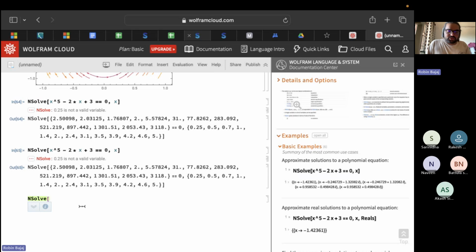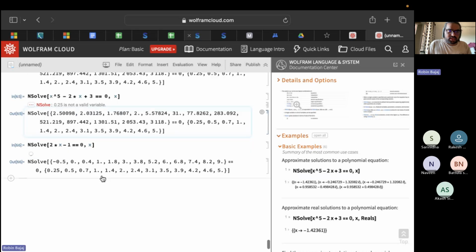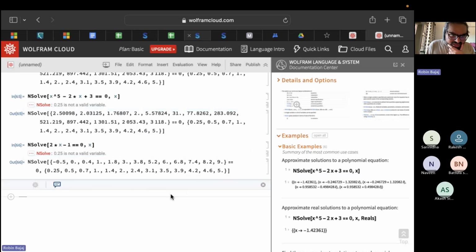Let's say something simple: 2 times x minus 1 equal 0, comma, I want x. 0.25 is not a valid variable. What does that mean? It should not be doing this.